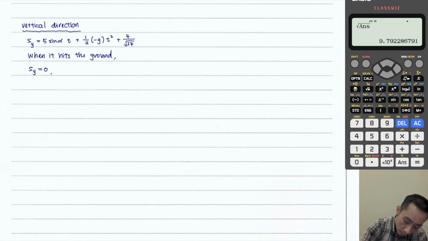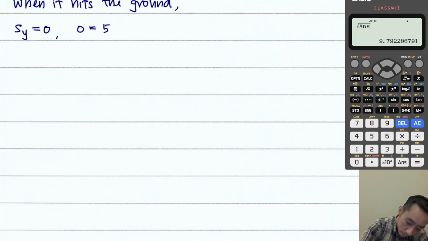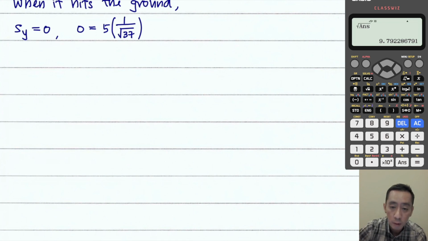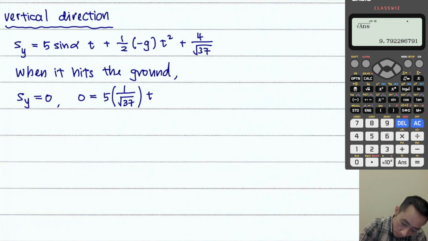So what do I have here? 0 is equal to 5 sine alpha, which is 1 over square root of 37, t, and then minus 1 over 2, g is 9.8, t squared, and then plus 4 over square root of 37.